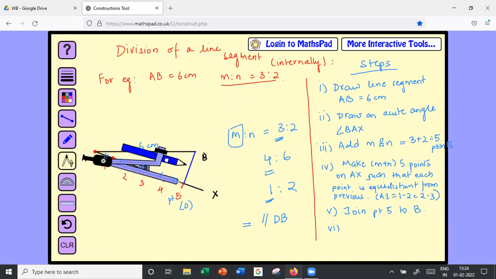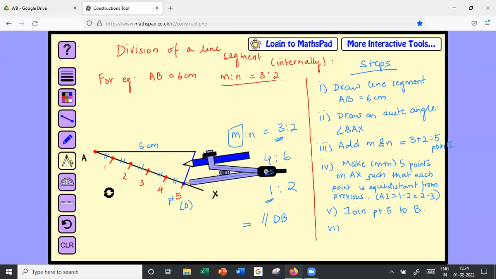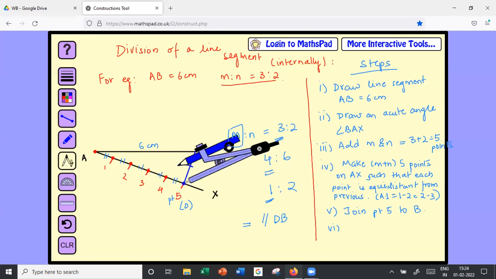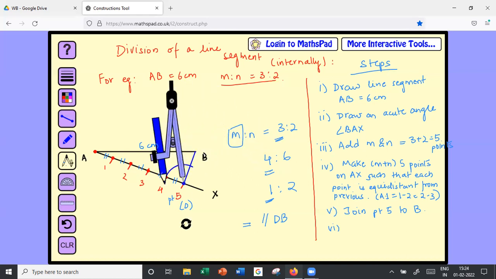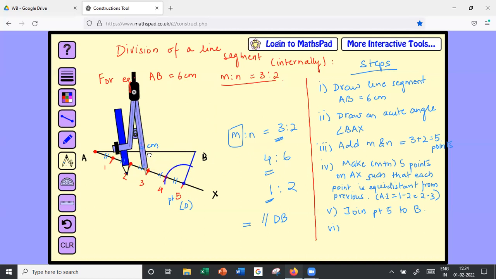So I want this on that side. Okay. You draw a small arc. And now you take the same length, keep it on point 3 and draw the same arc there also.